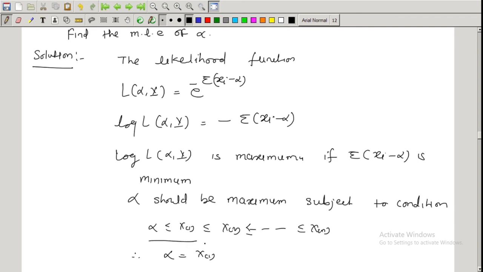This condition is the maximum likelihood estimator of alpha. Alpha cap is equal to x order 1, which is the MLE of alpha. So in this way we find the maximum likelihood estimator. Thank you.